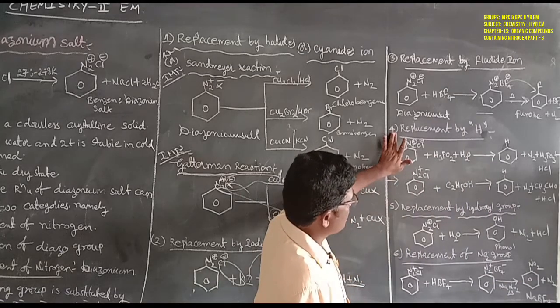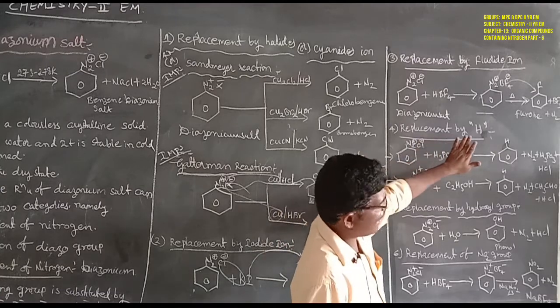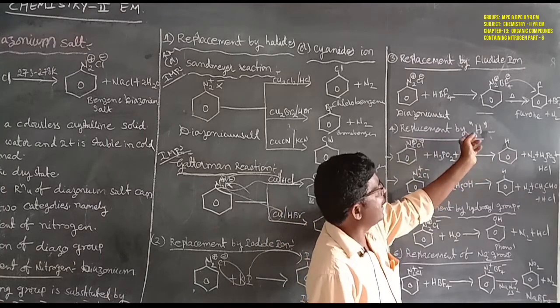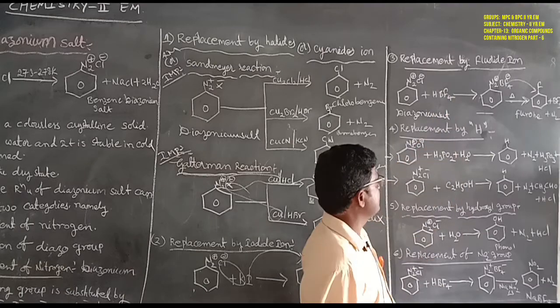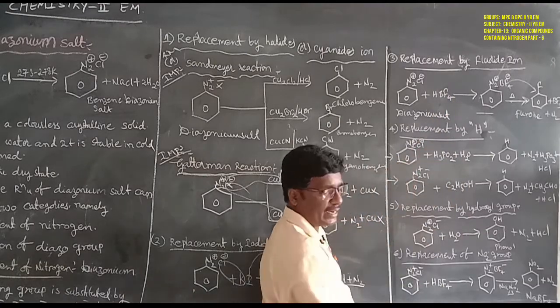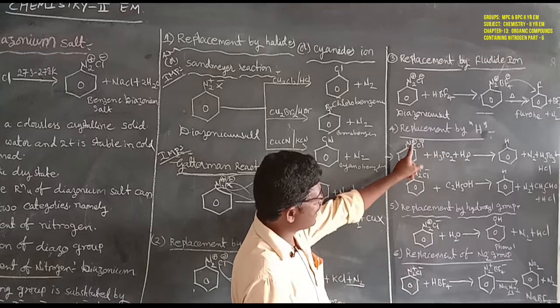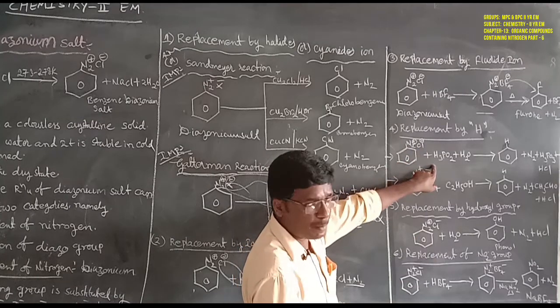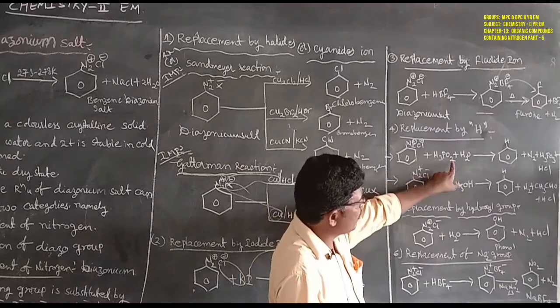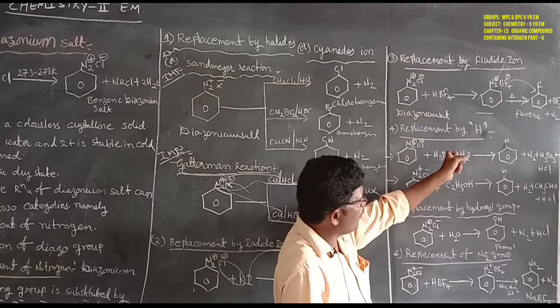Next, fourth one, replacement by the hydrogen. Here is the benzene diazonium chloride. Benzene diazonium chloride or benzene diazonium salt treated with the hypophosphorus acid, H3PO2.